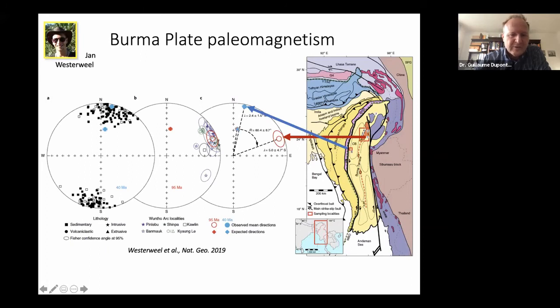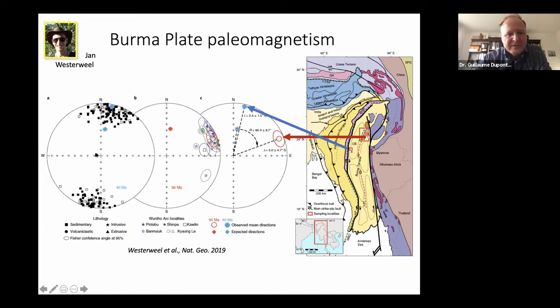Okay, we had normal and reverse, but I mean, it's normal that there are normal and reverse directions like this. This is what you always get.